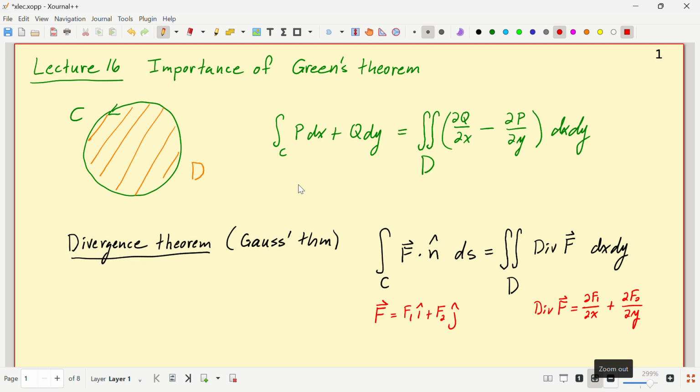Green made a lot of discoveries about solving the Dirichlet problem. He invented what are now called Green's functions to solve the Dirichlet problem in more general domains than just a disk. The starting point was to understand it for the disk.